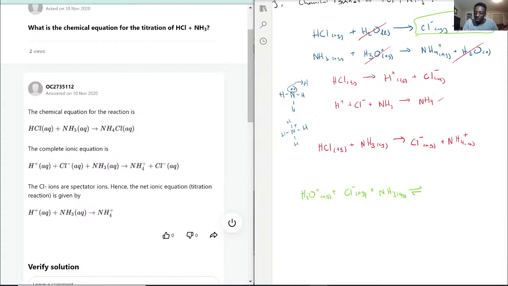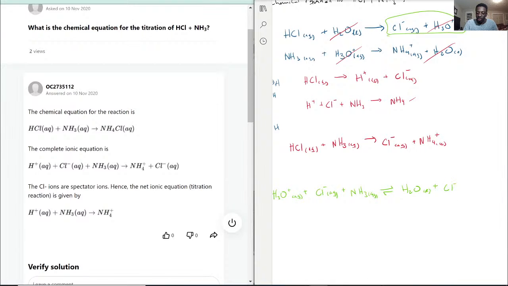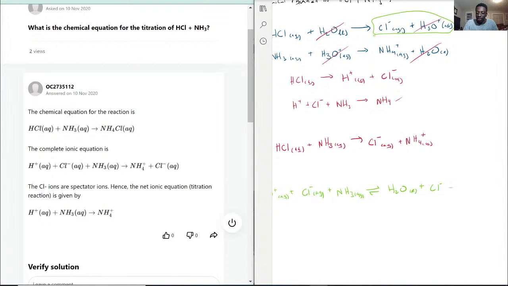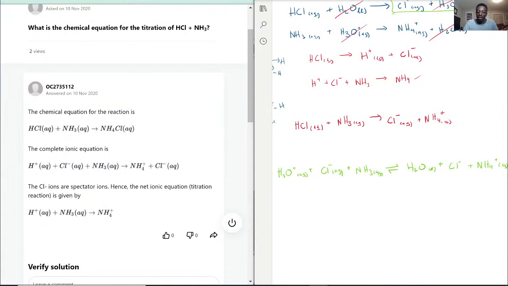But we'll now have H2O liquid plus Cl minus, still because it doesn't do anything, plus NH4 plus. We still have the spectator ion, the chlorine, so we can cancel that out.